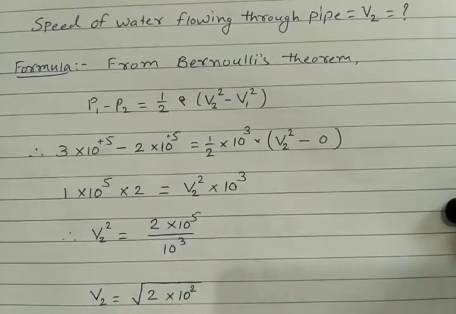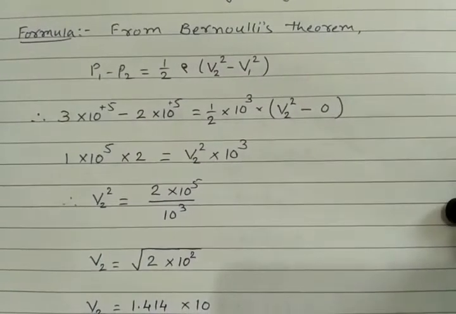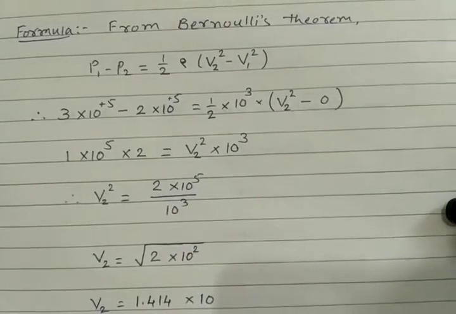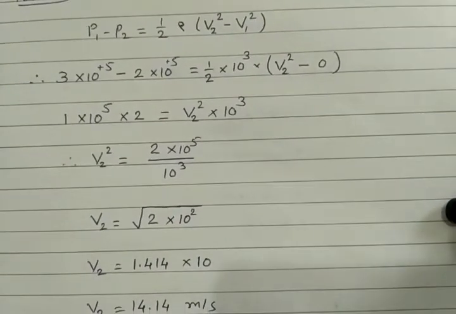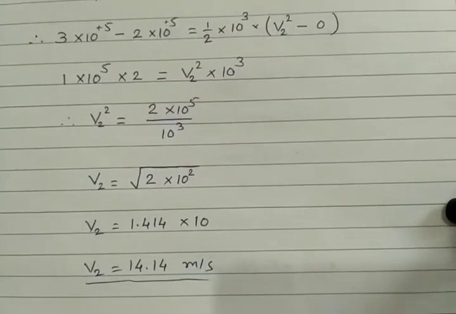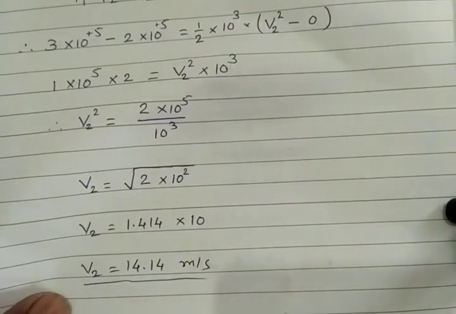So simplifying this and taking square root on both sides, V2 is now root 2 into 10 raised to 2. And therefore V2 is 1.414 into 10. So again simplifying this, the final value for velocity of water is 14.14 meter per second. This is the velocity it will attain when the valve is open.